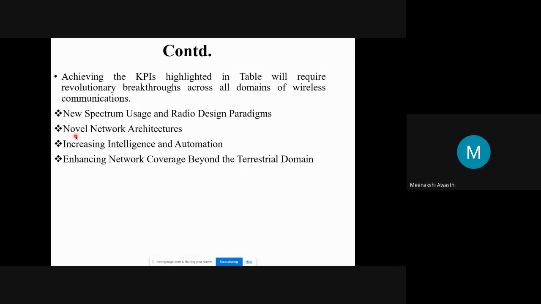Next is novel architecture: novel network architectures are expected in 6G. Next is increasing intelligence.